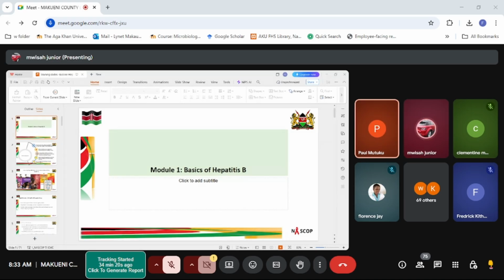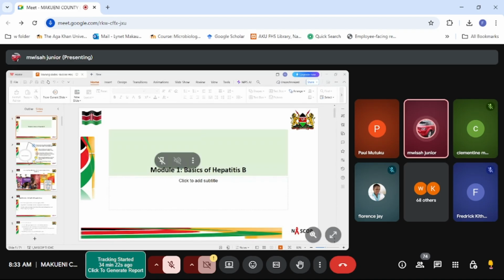Okay, we are going to talk about the basics of hepatitis and also about the blood-based oral self-test. In this module, we are going to understand the triple elimination, which is the EMTCT agenda for HIV, syphilis, and hepatitis B virus.